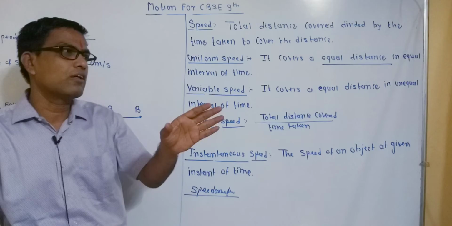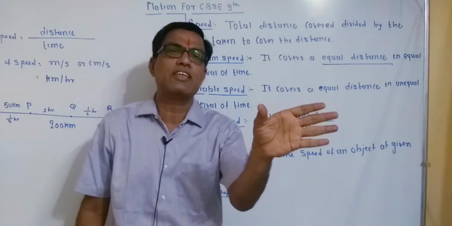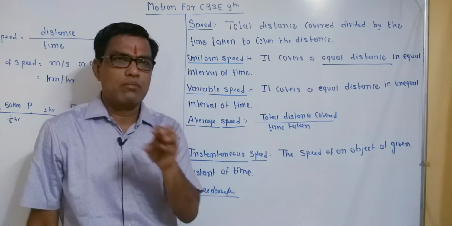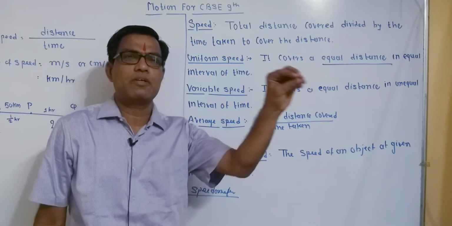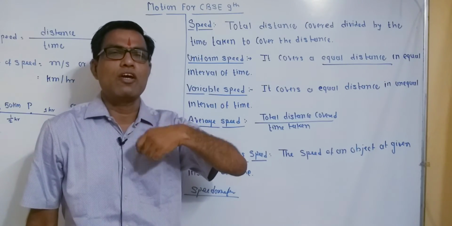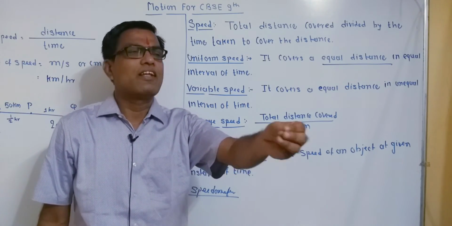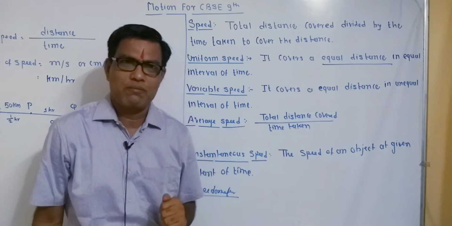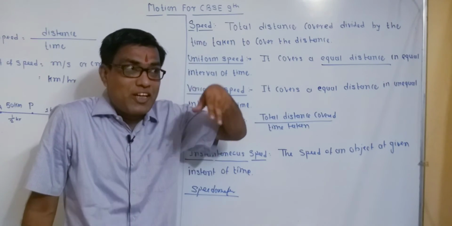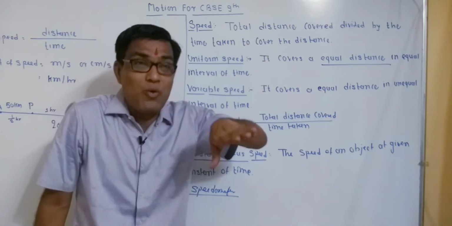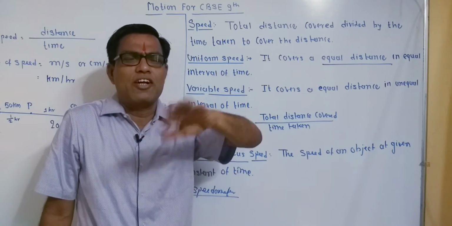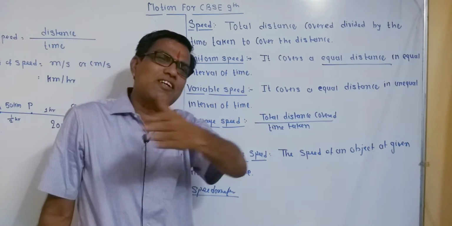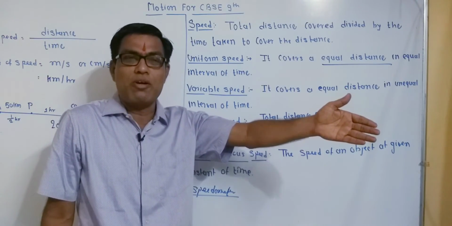Means suppose the distance between two cities is 100 km, right? The bus covers the distance between the two cities in 2 hours. Then on average we say the distance covered by the bus in 1 hour is 50 km, right? But it does not go continuously at 50 km per hour. No, certain times 20, 30, 40 km per hour, but the average speed is 50 km per hour. Why? Because it covered the distance of 100 km between two cities in 2 hours.